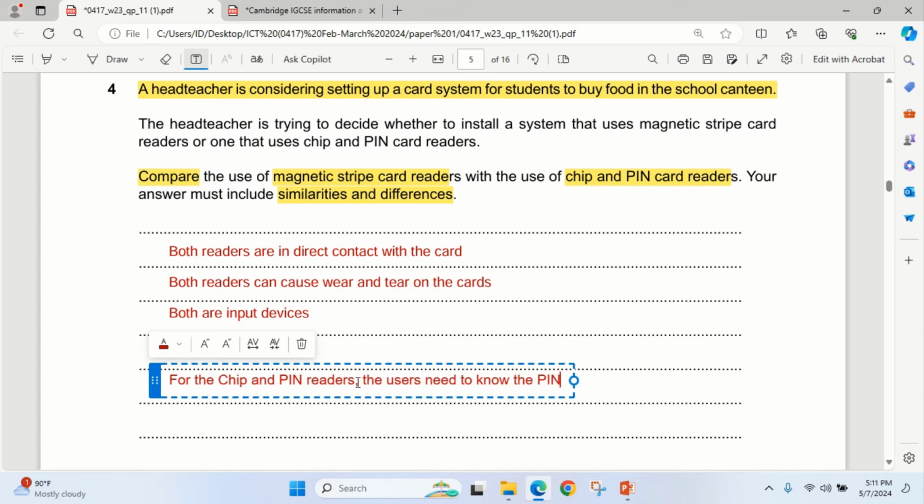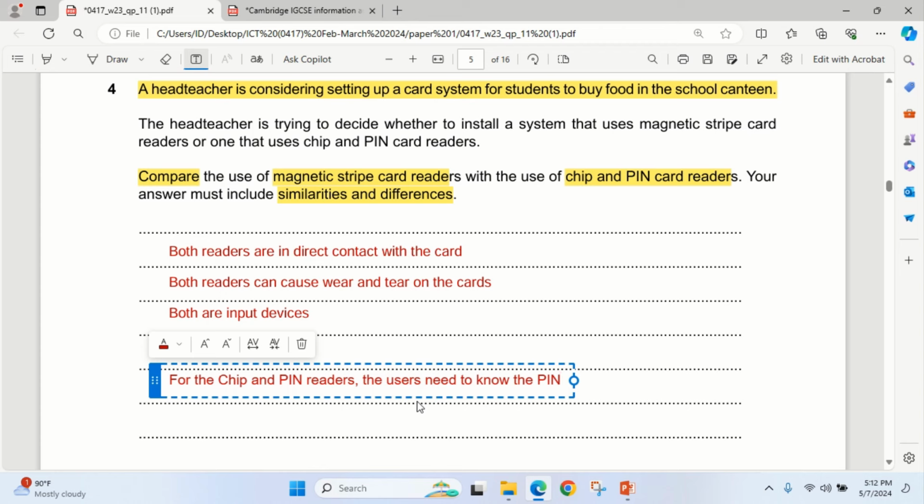That's a major difference between the chip and pin reader and the magnetic stripe card reader. For magnetic stripe, you just swipe it, but for chip and pin reader, even after you have inserted the card, you need to also know the pin before it can be authenticated.